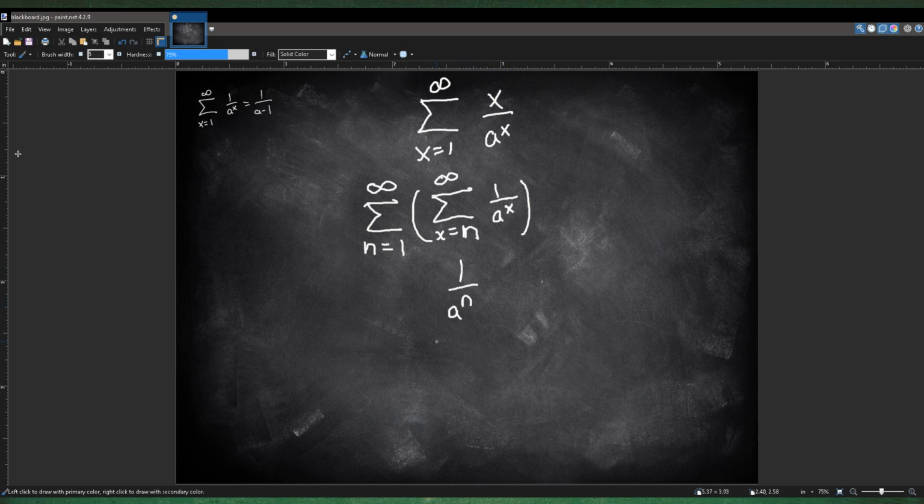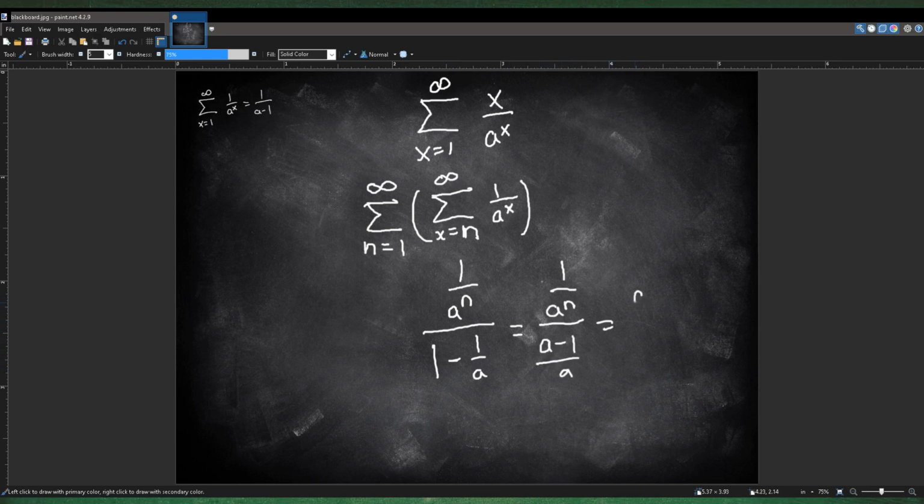And then we have n. That's our first term. And then we have 1 minus 1 over the ratio. So the ratio is 1 over a. Okay, so let's simplify that. So 1 over a to the n. Don't worry, you're not going to simplify n at this stage yet. So this one will be a minus 1 over a.